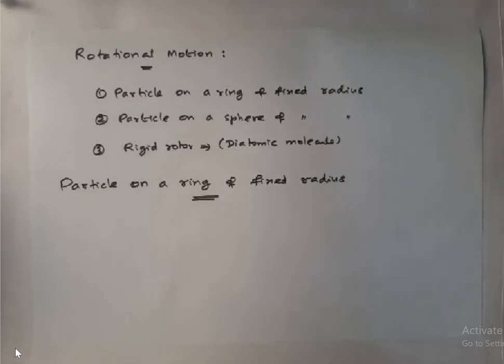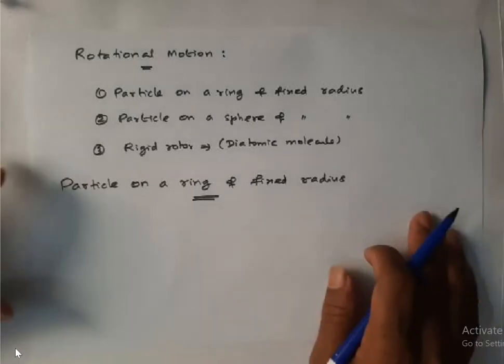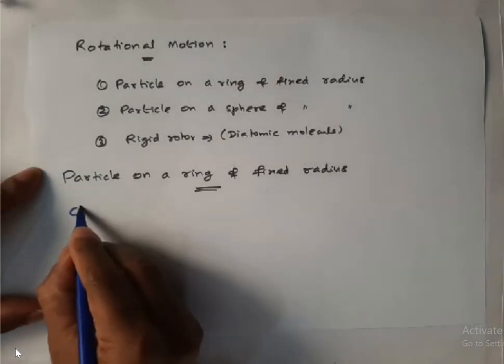Now before applying the quantum mechanical approach, let me first discuss the classical approach, then we'll see what the drawbacks in the classical approach are, and what the need for the quantum approach is. Then I'll start the quantum mechanical approach of particle on a ring of fixed radius. So, classical approach.